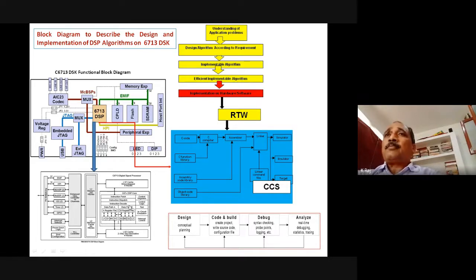That is, this is the main CPU having different sections like instruction fetch, instruction dispatch, instruction decode, and having two data paths, data path A and data path B, having the A register file, B register file, and 8 functional units. And these were all discussed in detail in the previous classes.